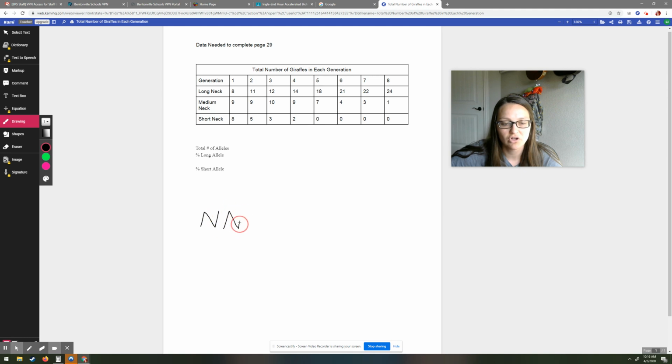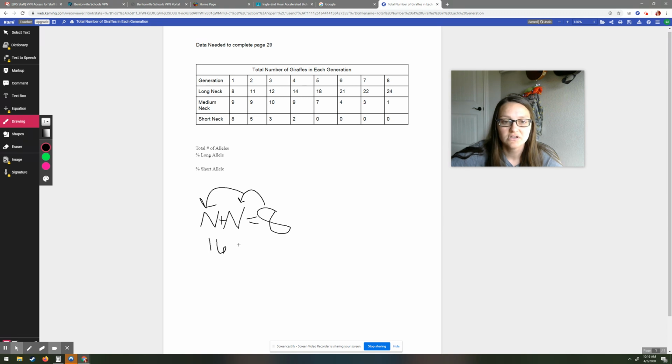In order to have a long-necked giraffe, you have to have 2 capital N's, and it says that there are 8 of those. So you need to distribute that 8 to each of those. You don't have to multiply, you just have to add them together.